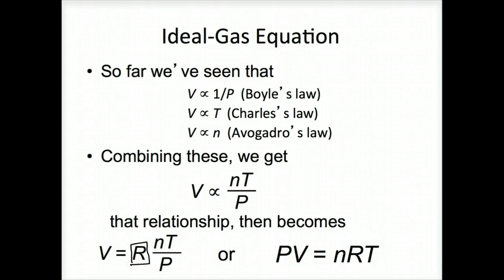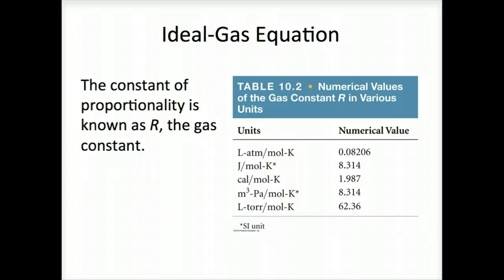The main thing to remember about R is it is unit dependent. Depending upon the units that you are using, R has various values, and those values are shown in table 10.2 in your book. Notice common ones that we're used to seeing: liter, atmosphere, mole, Kelvin.